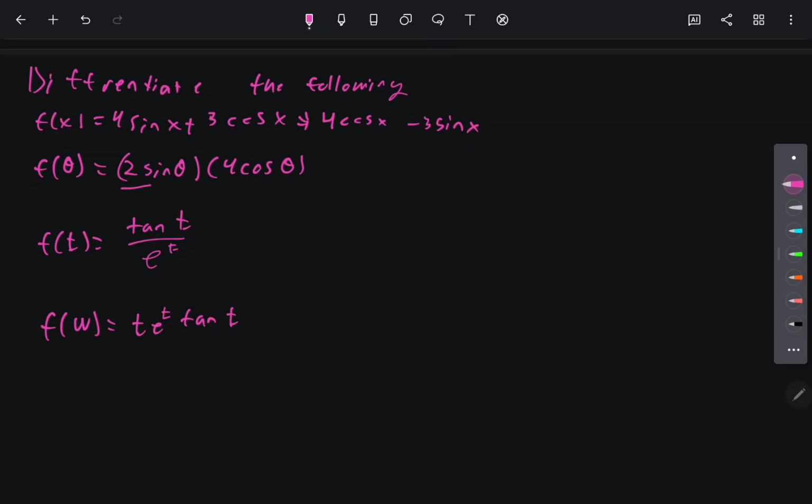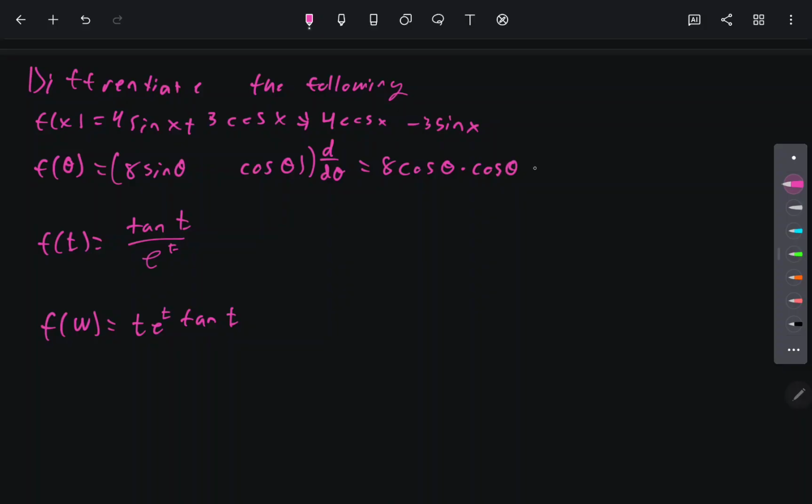This down here is a product rule. But I'm going to do something really neat, and I'm just going to call this 8 sine cosine. All right, so now if I take the derivative of that, d over d theta, the derivative of the first is going to be 8 cosine of theta times cosine of theta.